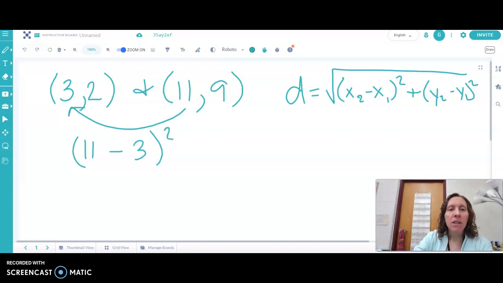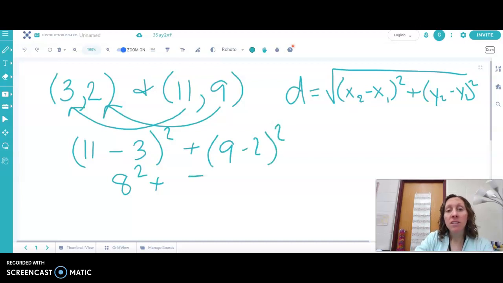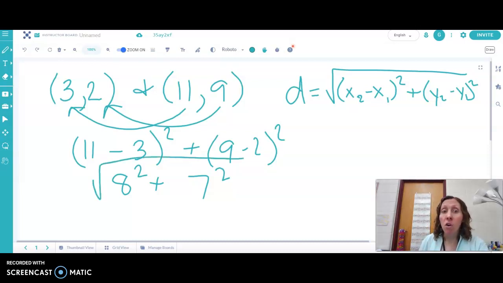All right, so 11 minus 3 would be 8, so we'd have 8 squared. And then if we did 9 minus 2 squared, that would be 7 squared. Ooh, so this looks like a squared plus b squared. And then when you say it's like equal to c squared, you end up taking the square root. So we're just going to say you're going to take the square root of all of this to get the distance.